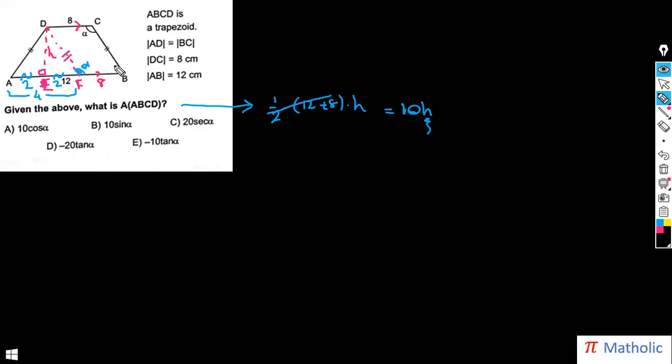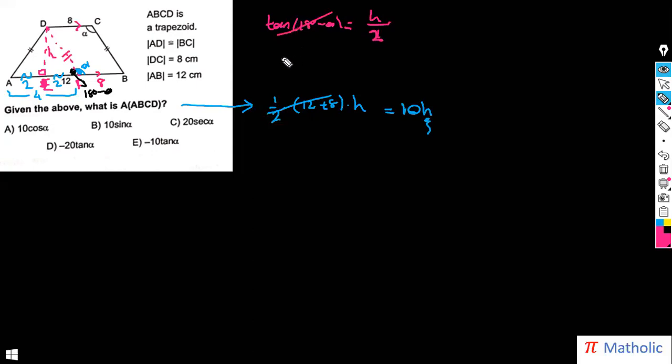So, if this angle is A, this must be 180 minus A. Let's use tangent here. Tangent is opposite over adjacent, which means tangent 180 minus A is H over 2.